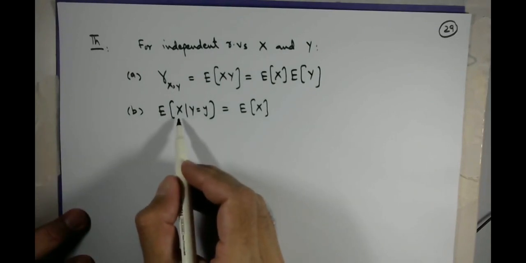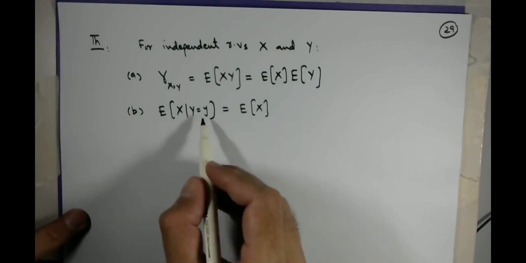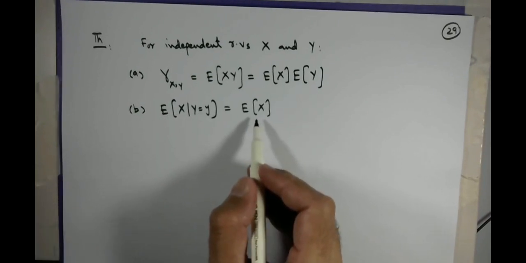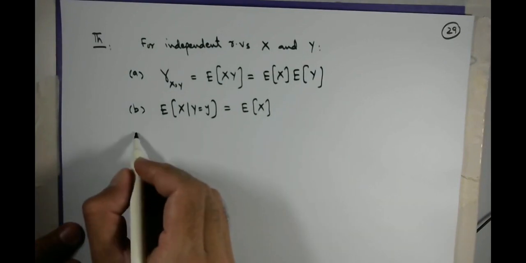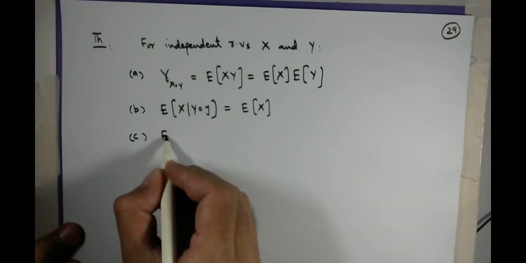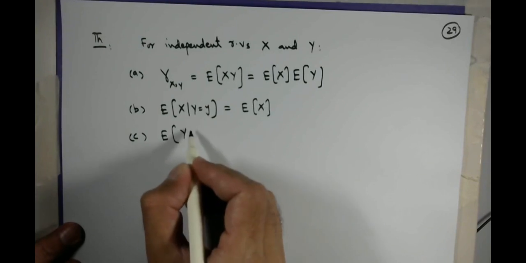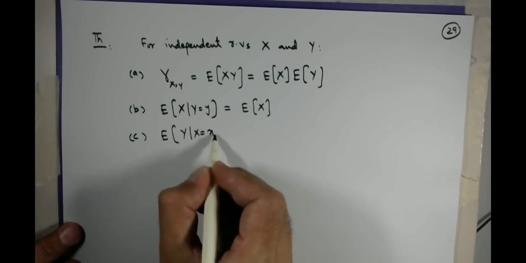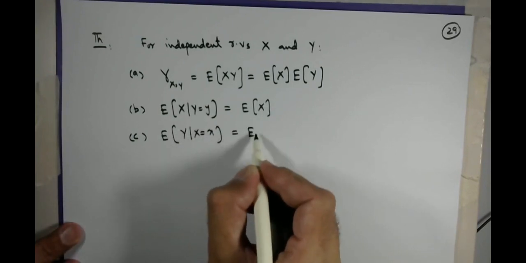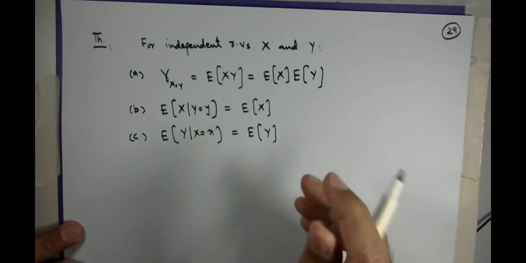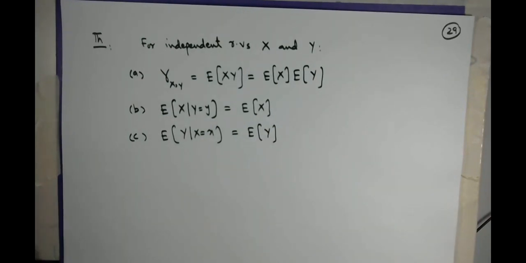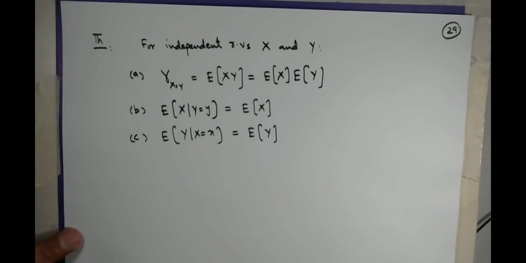So if it does not affect the probability of occurrence of x, then the conditional expectation and the unconditional expectation should be the same. Similar is the case when we simply swap them. Y given x is equal to x, this should give you the expectation of y. And we have in chapter number 1 already discussed that if x is independent of y, then y is also independent of x.